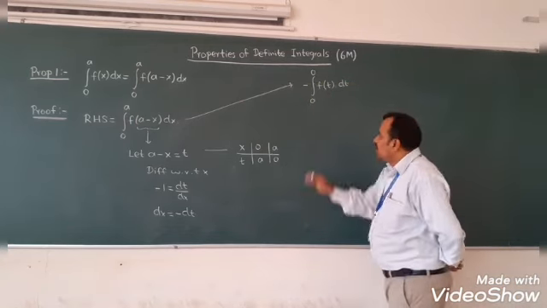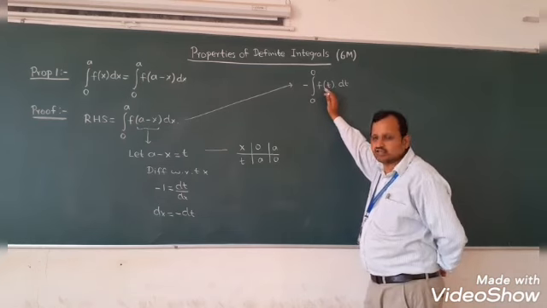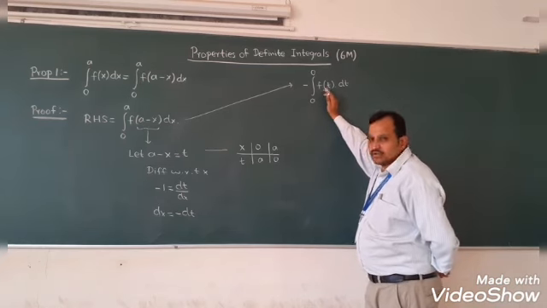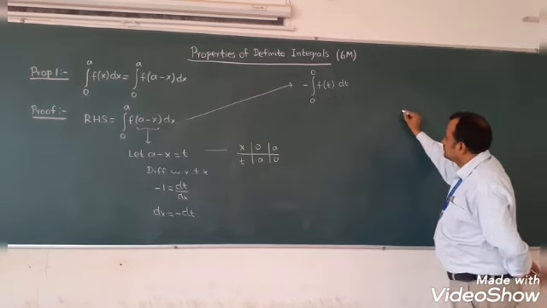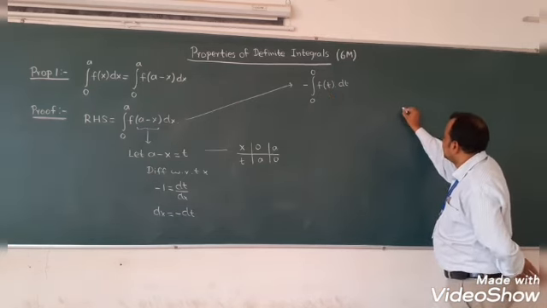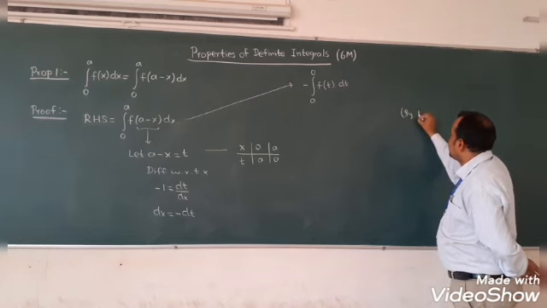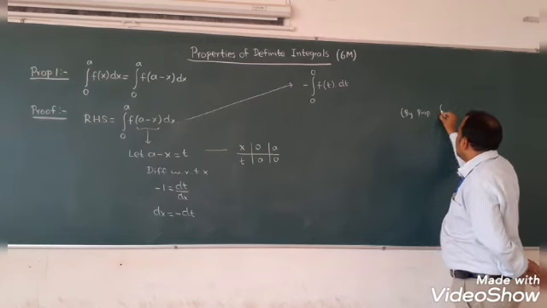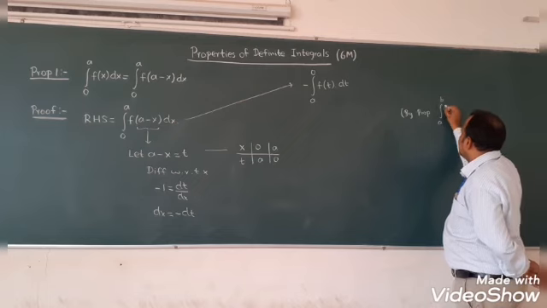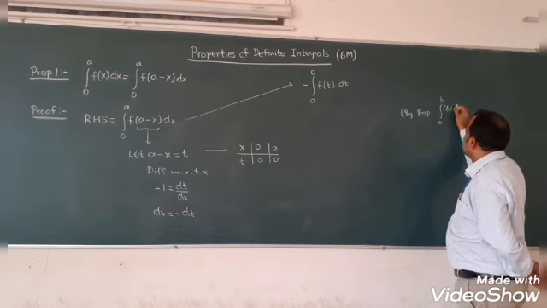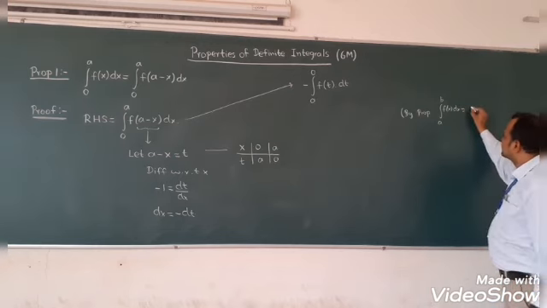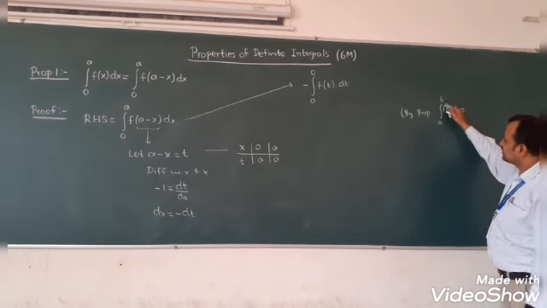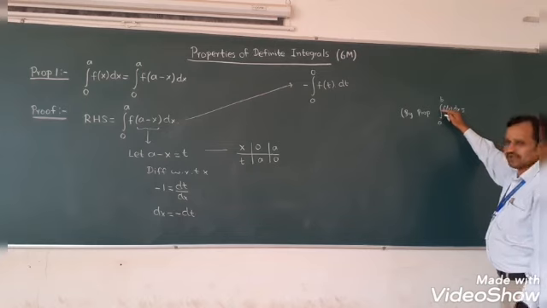Now see here. I don't want this minus. So what should we do? One property is there. What is that property? By property, integral from a to b f of x dx is equal to, whenever we are changing the limits, minus sign will come.